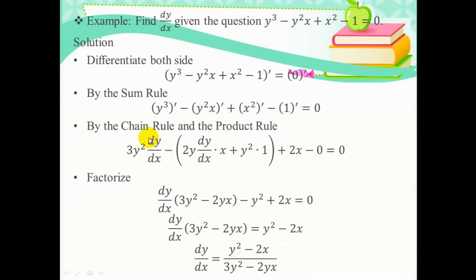Why do we change it to dy over dx? Because the question asks about dy over dx. If it asks about y prime, you can use y prime here. And then for the derivative of y^2 times x, let u be y^2 and let v be x.